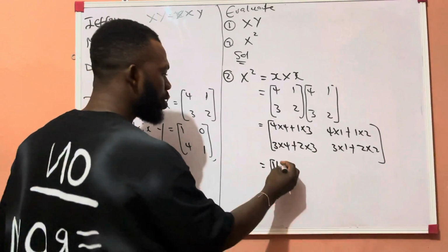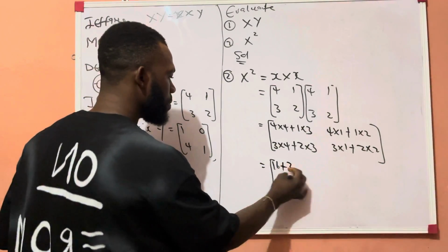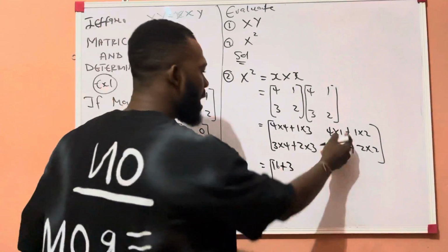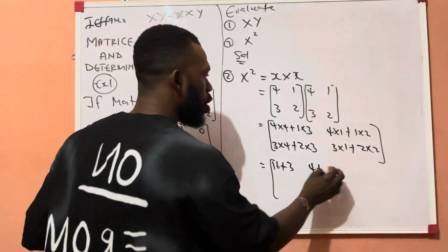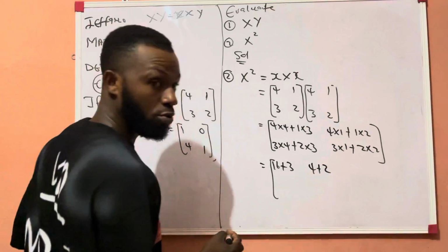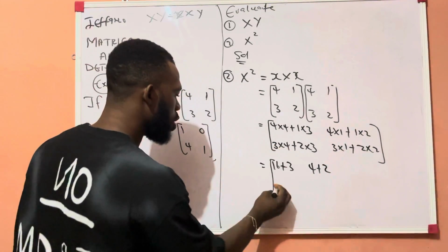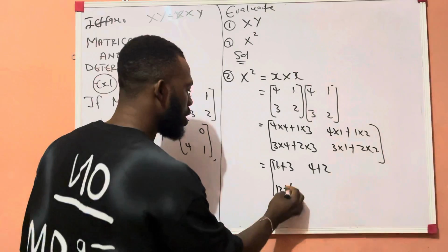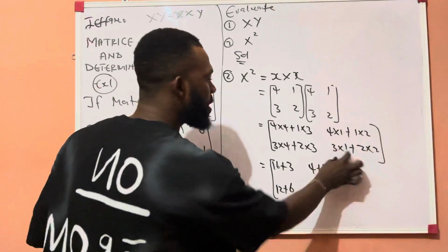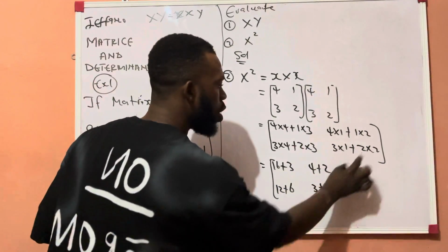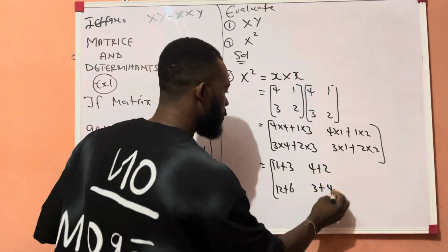Plus 1 times 3 gives us 3. And 4 times 1 gives us 4. Plus 1 times 2 gives us 2. 3 times 4 gives us 12. Plus 2 times 3 gives us 6. 3 times 1 gives us 3. Plus 2 times 2 gives us 4.